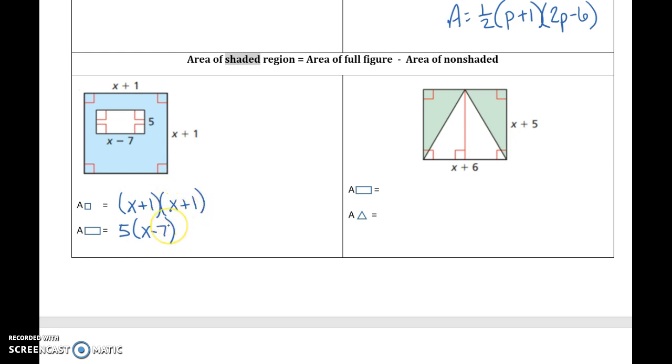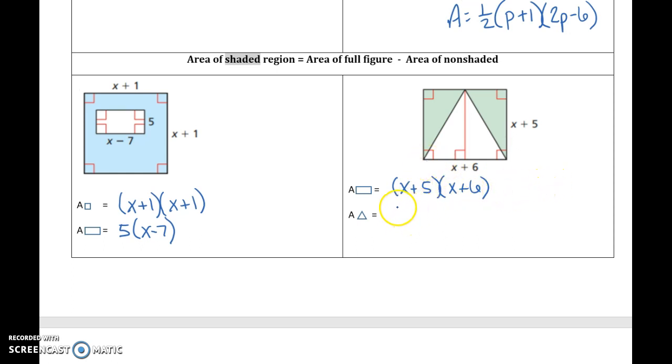When you're working on some potentially like this on your own. And then this last one, again, if you're just finding the shaded, you're going to find the full minus the non-shaded. So the rectangle part, and we know it's a rectangle because these are different, almost looks like a square. You would find that, multiply, FOIL that out.